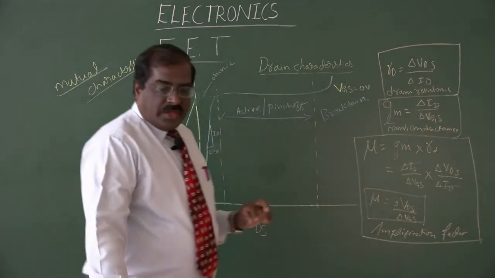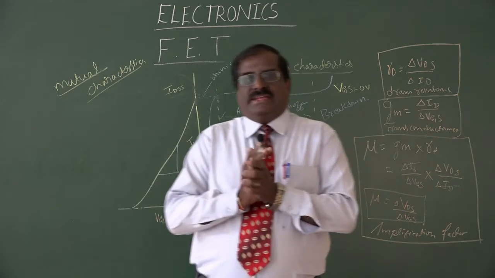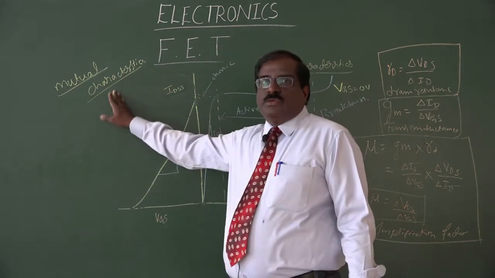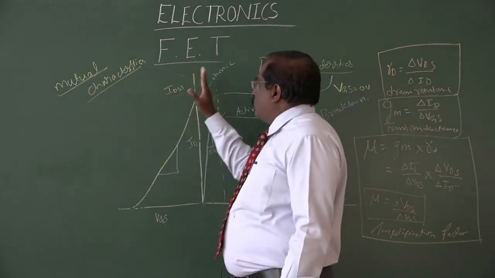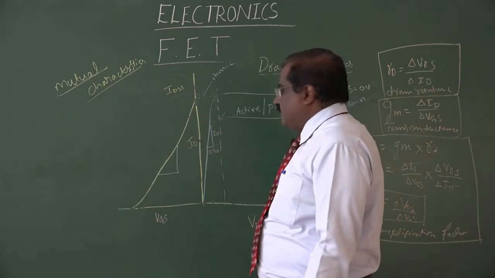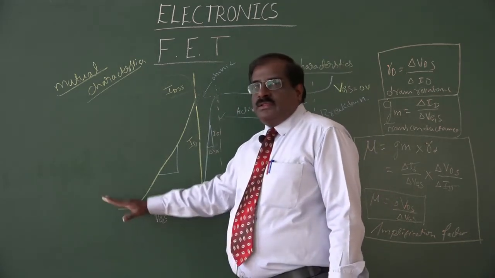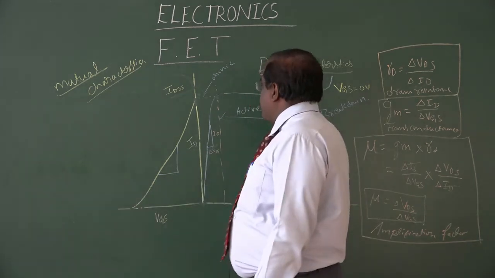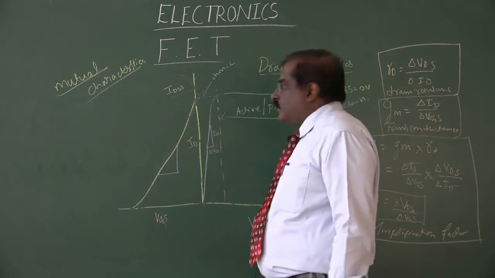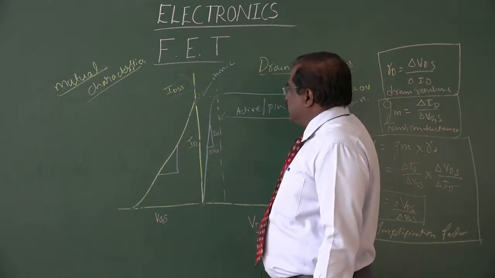So, once more I will recall the FET characteristics. Here we have the drain characteristics and the mutual characteristics. ID is on the y axis, VDS on the x axis, VGS on the fourth quadrant. ID and VDS give you the drain characteristics, that is called output characteristics.